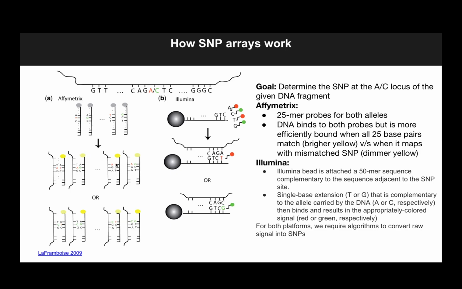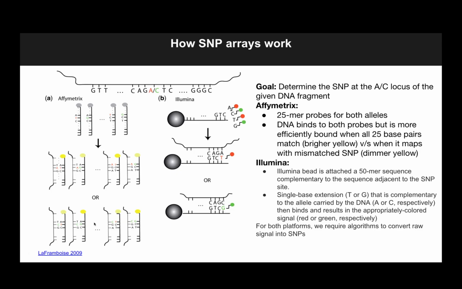Similarly here, with this sequence AGA, this is going to hybridize in an exact fashion because you have A complementary to T, G to C, A to T again. So this will emit a much stronger signal. Whereas if you have the other allele, where you have AGA but the bead that you had was GCT, then this is not going to be an exact hybridization, so it will end up emitting a weaker signal.